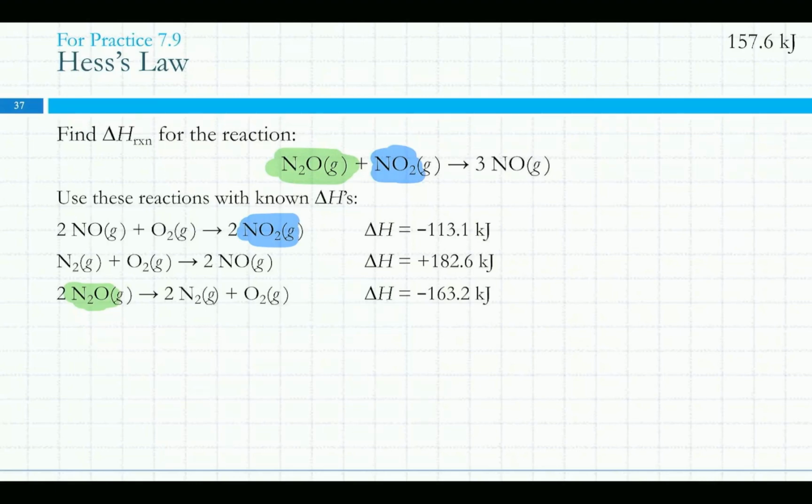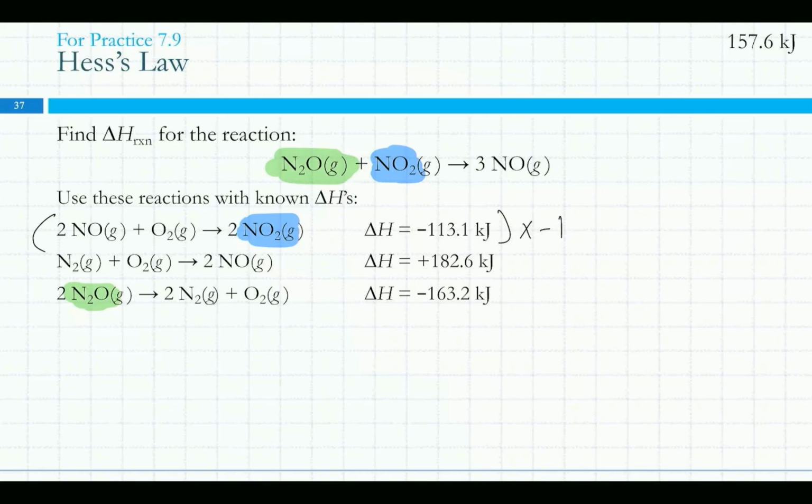Now, none of the other ones have it, so what does it tell me I need to do to the first reaction? Got to flip it, right? If I flip it, that means nitrogen dioxide will be a reactant and the other things will be products. So we're going to have to change the sign or multiply by -1 and flip that one.